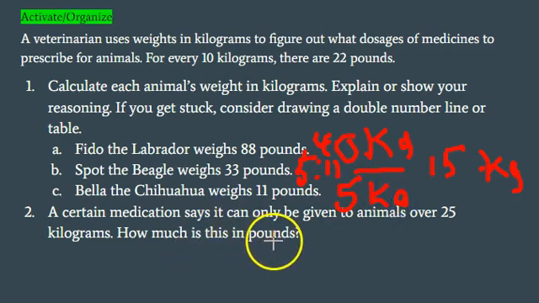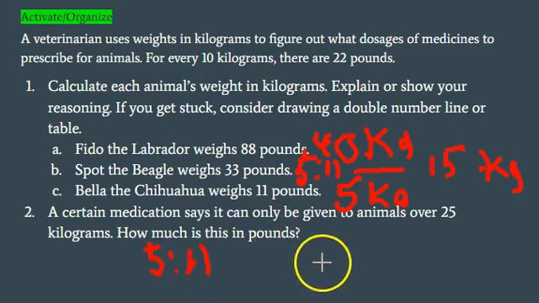Okay, a certain medication says it can only be given to animals that are over 25 kilograms. Well, how do we convert that into pounds? Remember, we have 10 kilograms for 22 pounds, or we also talked about that 5 to 11. I think that might actually help us here.